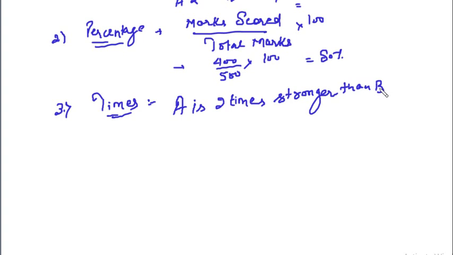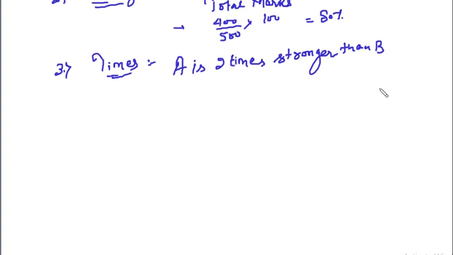This is how we say sometimes that he is 2 times taller than B, he is 2 times stronger than B. So this is how sometimes we express the ratio in times. Clear?